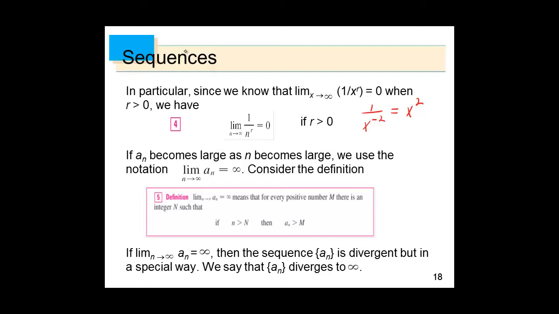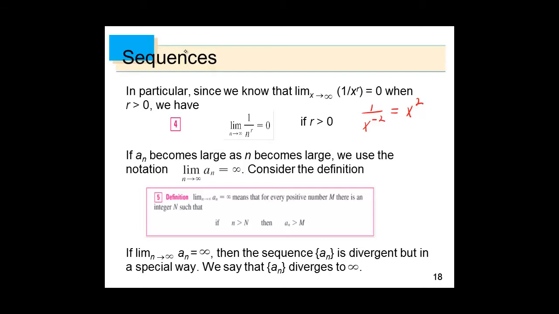So that means you give me any large negative number, I can walk on my sequence long enough, and I'm going to reach a point such that all the terms after that will be smaller than that negative number you gave me. So that's what it means to say that the limit is negative infinity.